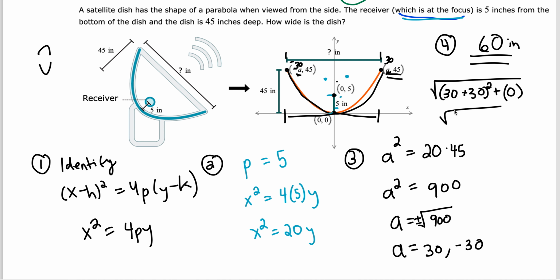And then we just get 30 plus 30 equals 60 squared. And this cancels that. And yes, we got 60, as you can see. So you could do it either way. If you feel safer doing it with this formula, it's okay. But if not, I will accept the logic between those two things.